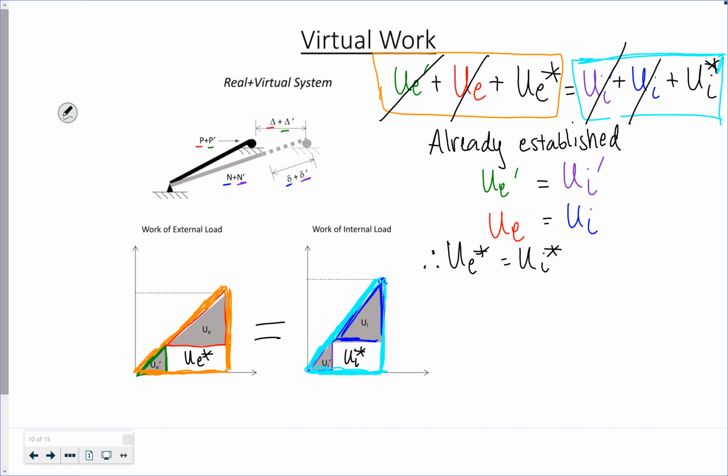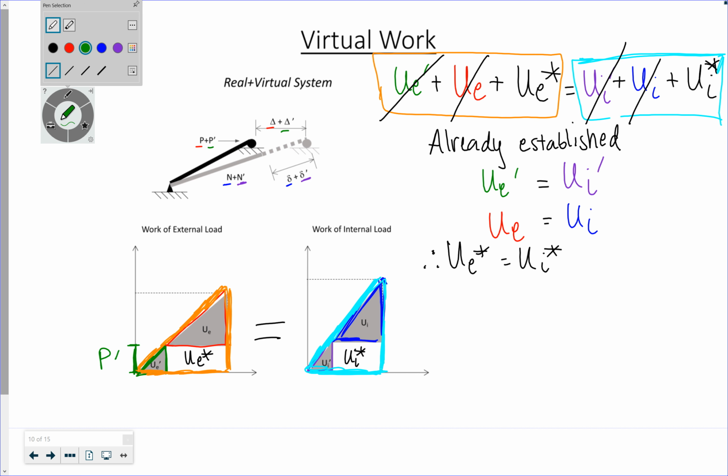Now what are the dimensions of those two rectangles? All right. UE star has a height of P prime and a width of big delta.